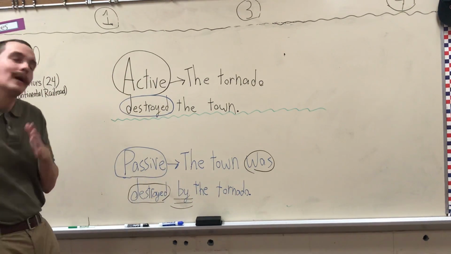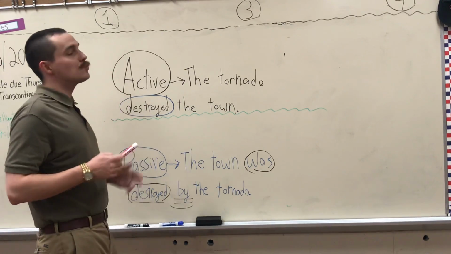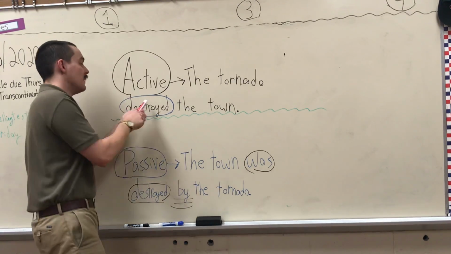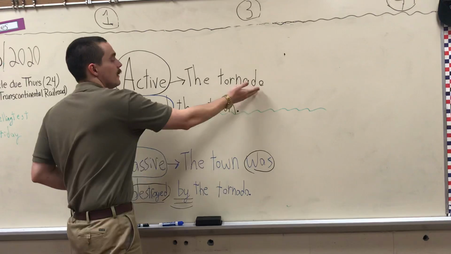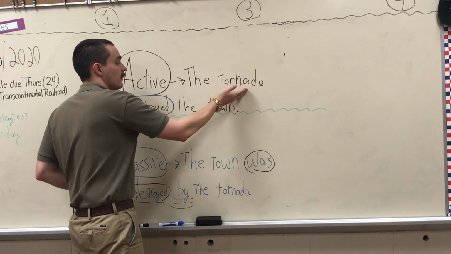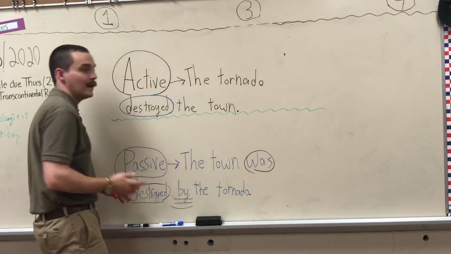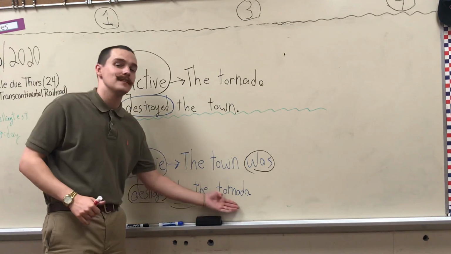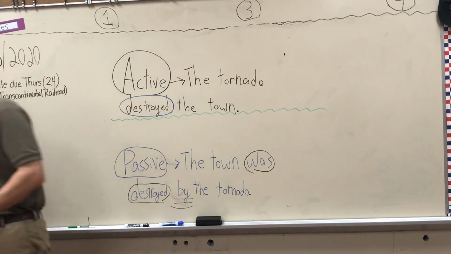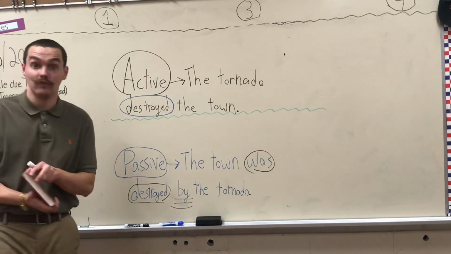To come back to what I'm saying, with active, the subject is at the beginning. But with passive, whatever is acting on it is at the end of the sentence. Another good example, and let me get back to that page so I can read these to you.